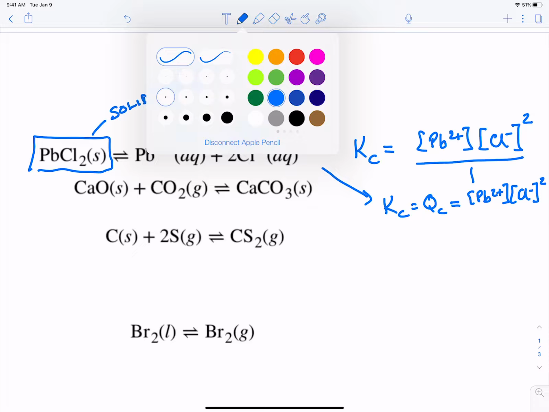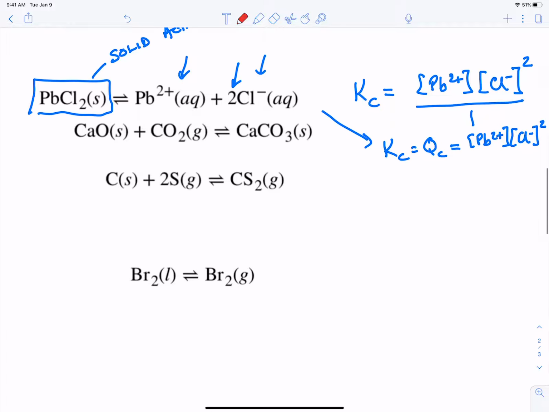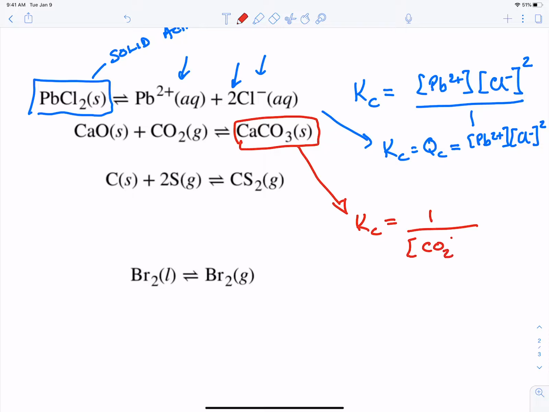So important to realize that any time we have a solid or a liquid, this is going to be the case. So here, for example, let's just have a look at this one. Qc, which of course is going to equal Kc, is going to equal the concentration here, or the activity of this term, which is going to be on the top, is just going to be 1. And then underneath there's carbon dioxide, which is a gas, which is the concentration, but this term here is also a solid, so it has an activity of 1, so this would effectively be times 1.